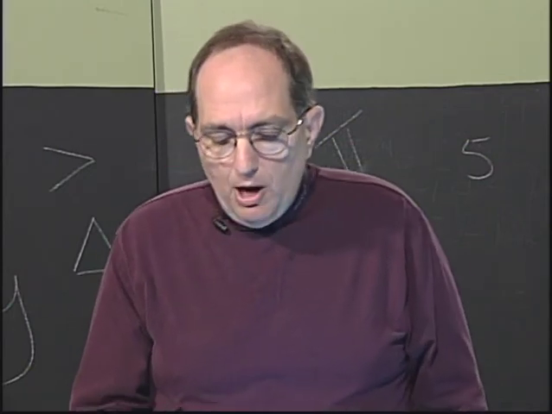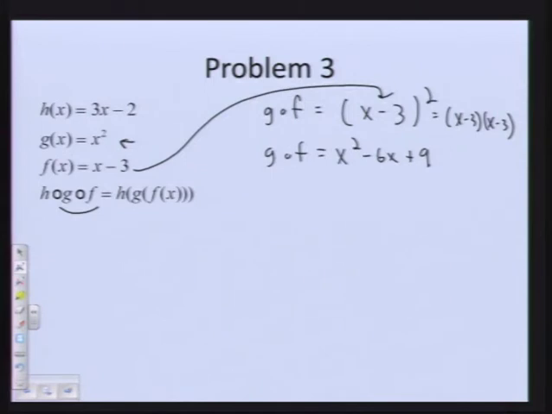So if we go back to the problem now, g circle f is x squared minus 6x plus 9. Now, what we're doing then is h is the final dominant, and we are substituting what we got for g circle f into h. So h circle g circle f means we have h as the dominant in this case, so we have 3x minus 2.